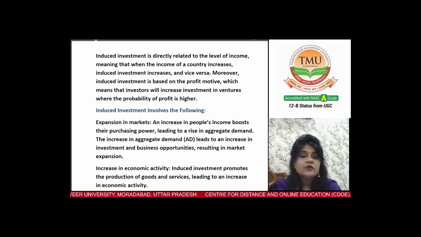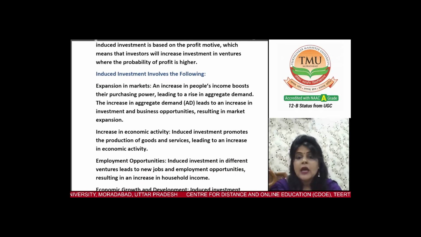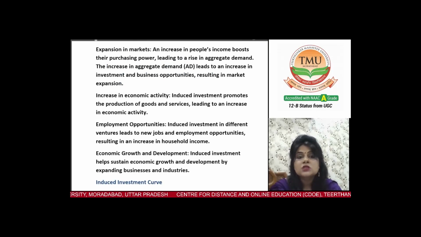So, induced investment involves expansion in market and increase in people's income, which boosts their purchasing power, leading to a rise in aggregate demand. The increase in aggregate demand, AD, leads to an increase in investment and business opportunities, resulting in market expansion.